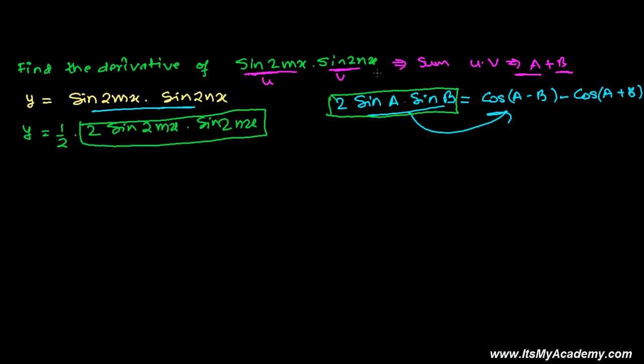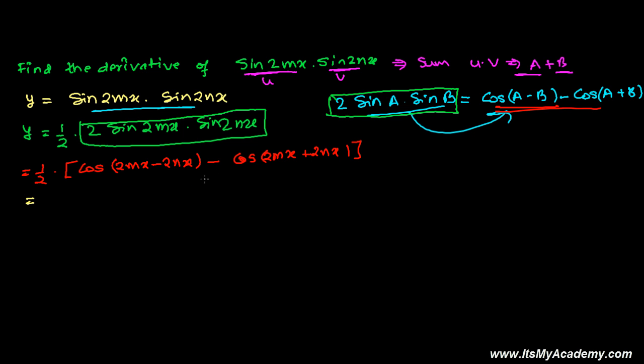Now compare this quantity in this box with this formula. Almost the same. So it is equal to half times cos(a minus b), that is cos(2mx minus 2nx), minus cos(a plus b), that is cos(2mx plus 2nx). So we converted the product into the form of a sum.